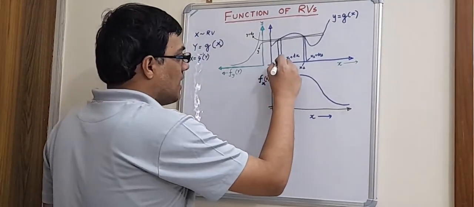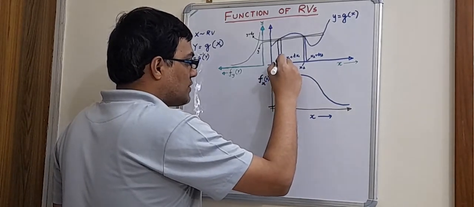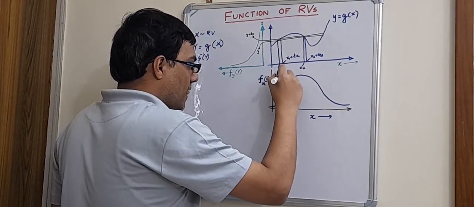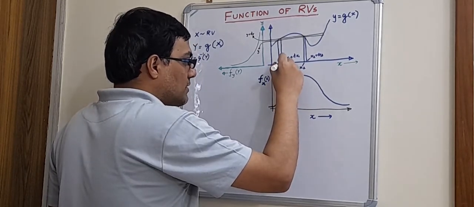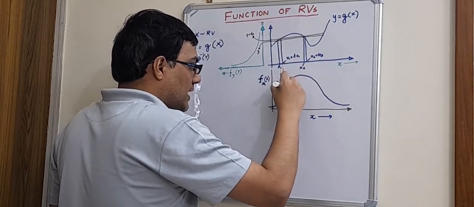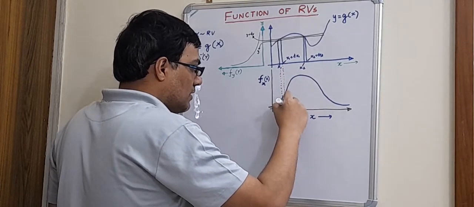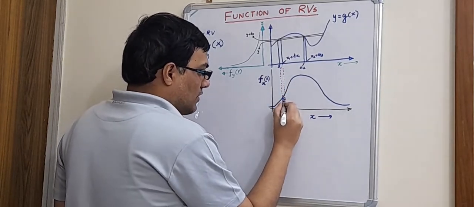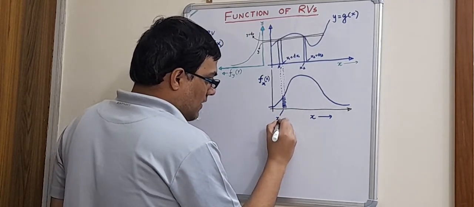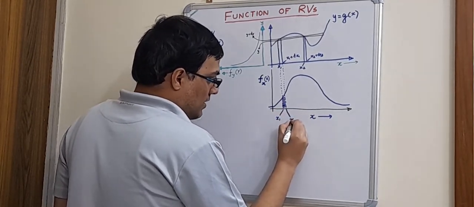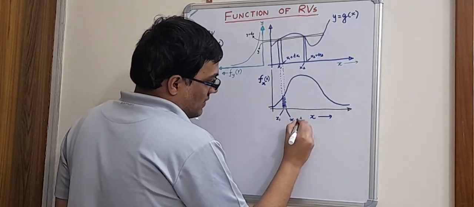So what I will do is, I will basically project these points here. Well, the drawing is a bit approximate, but please bear with me. Okay, so this is your x1, and this is x1 plus dx1.